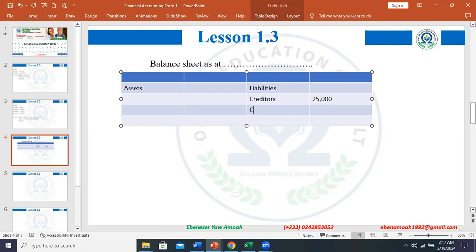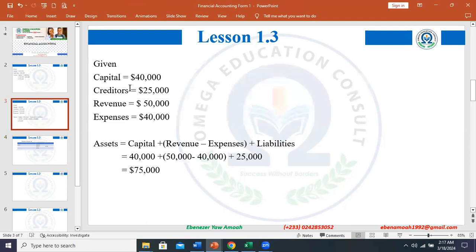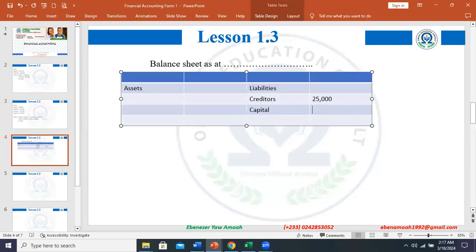So capital was also given as, let's check our data, 40,000. So I can keep that here, 40,000. But then the revenue and the expenses cannot appear on the balance sheet. What should appear on the balance sheet is either the profit or loss.